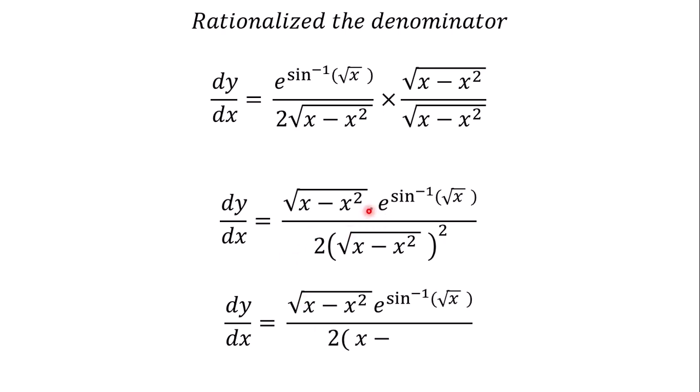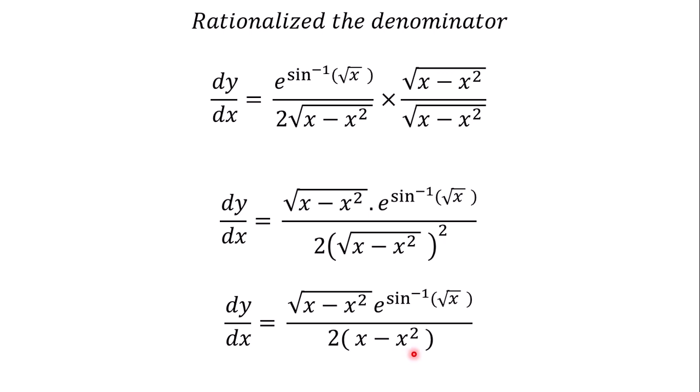So here is what you are going to get: square root of x minus x squared e raised to the power sine inverse of square root of x, divided by 2 into bracket x minus x squared.